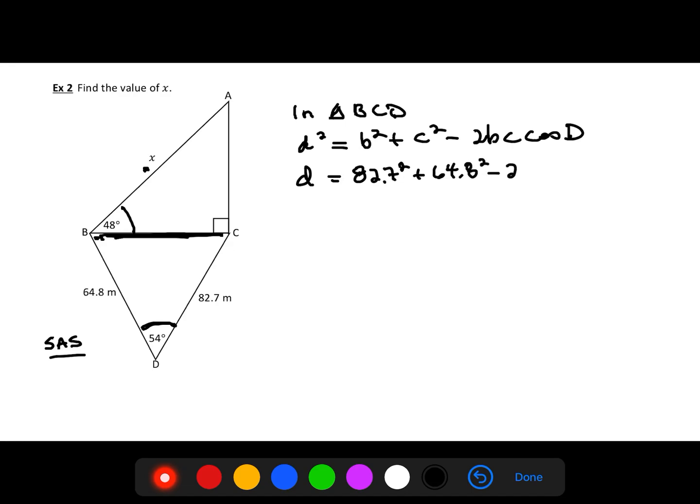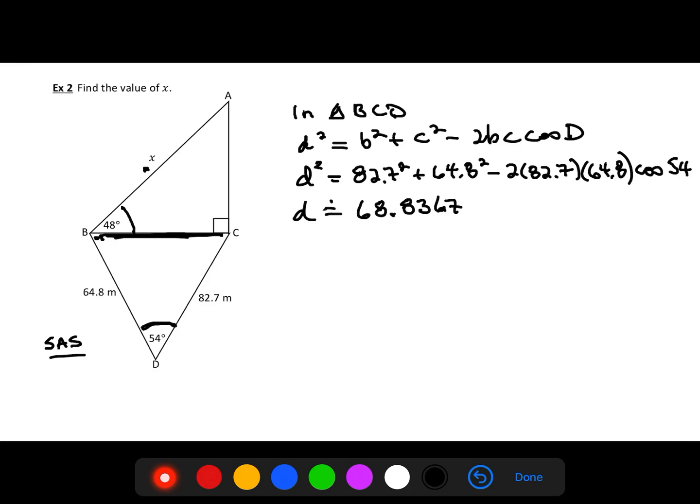And when we do that, we're going to sub in 82.7 squared plus 64.8 squared minus 2 times 82.7 times 64.8 times cos of 54. And again, we can put that all into our calculators, remembering the last portion goes in brackets, square rooting the answer that we get.